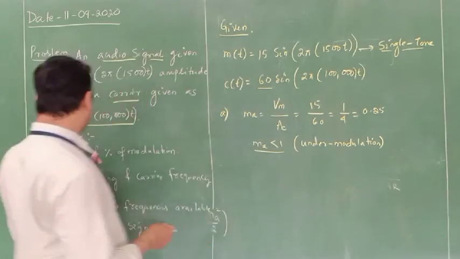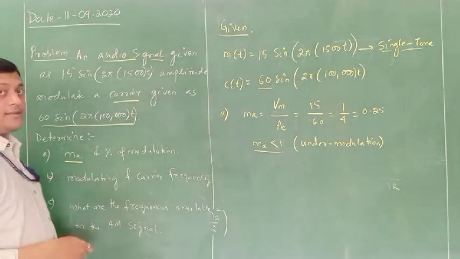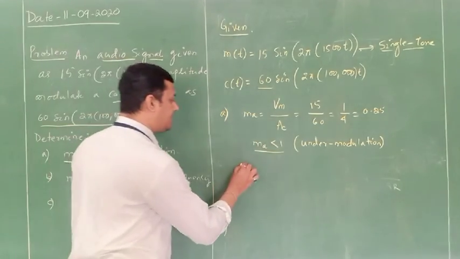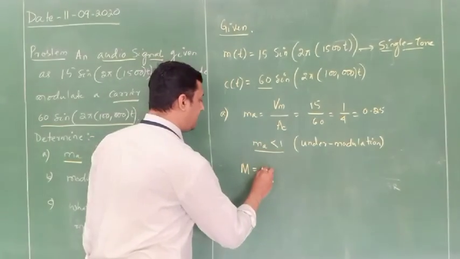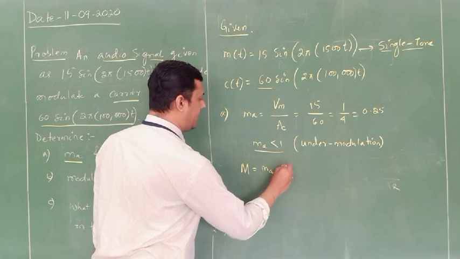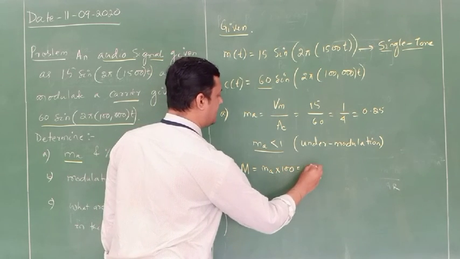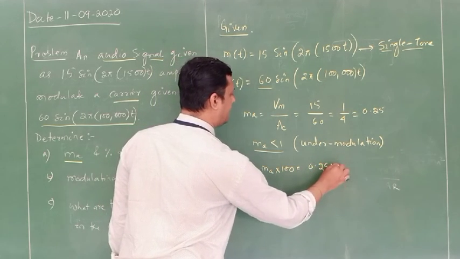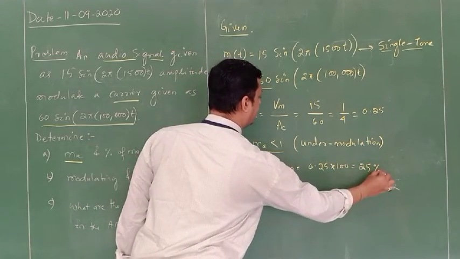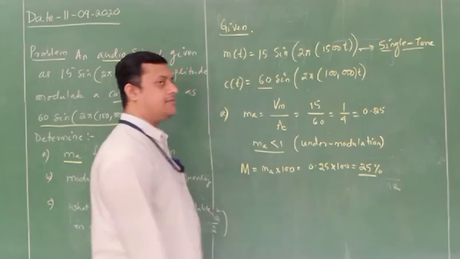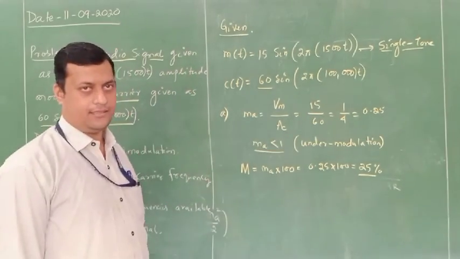So first is ma. Second, percentage of modulation. Percentage of modulation is indicated by capital M, which is equal to small ma into 100. So that is 0.25 into 100. That means it is equal to 25%. So this is my percentage of modulation.